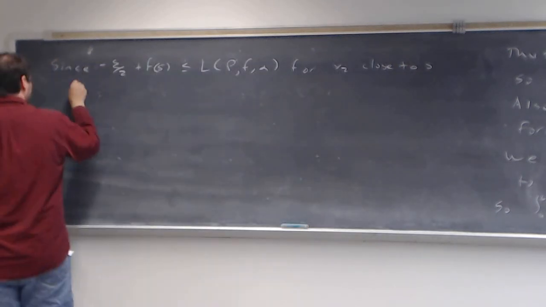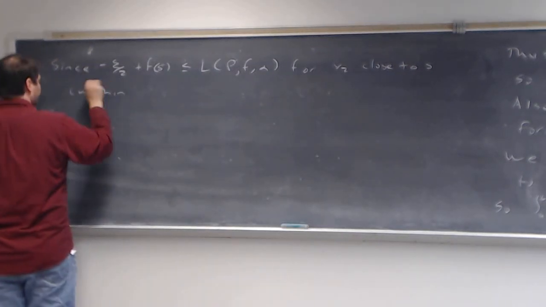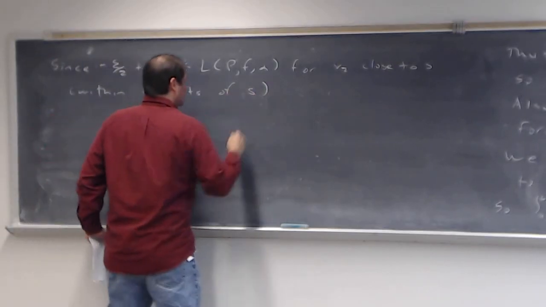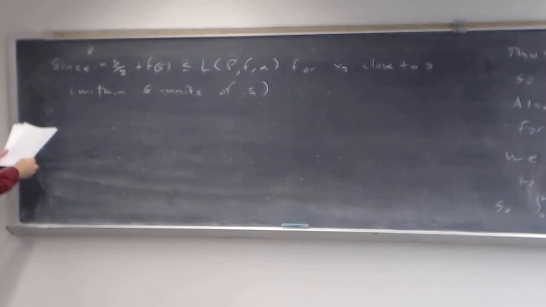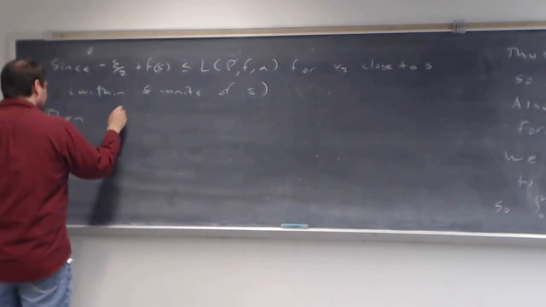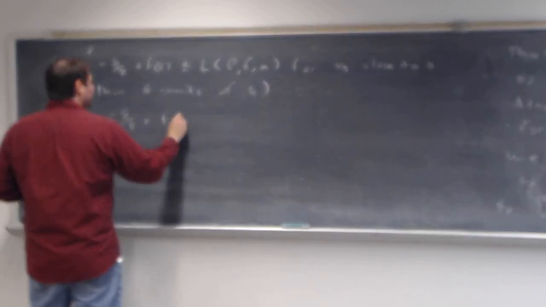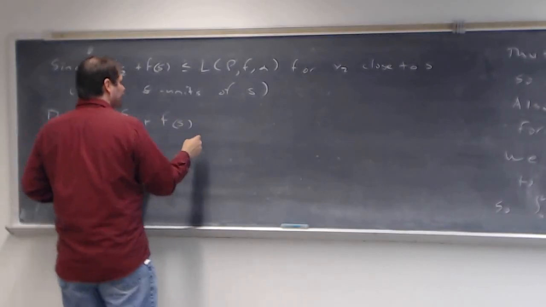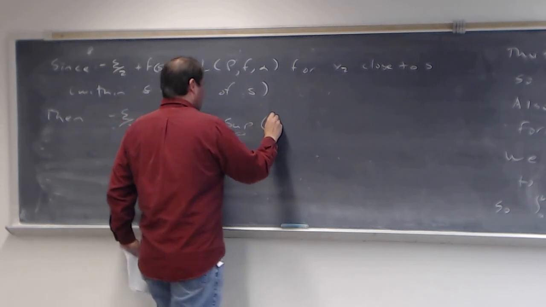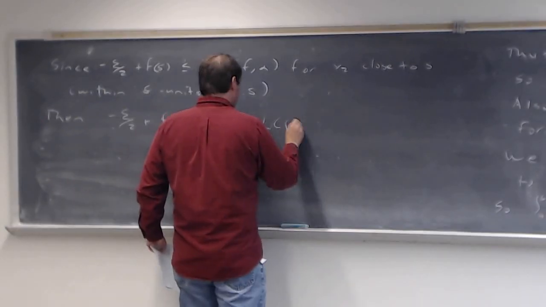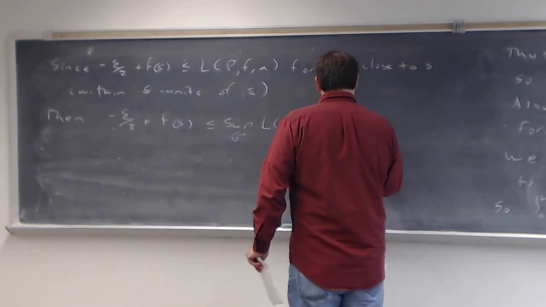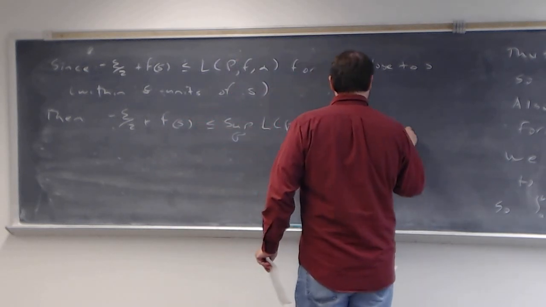We mean within delta units of s. Then what we have is minus epsilon over 2 plus f of s is definitely going to be less than or equal to the supremum over all partitions of these lower sums, which equals, of course, the integral from a to b of f d alpha.